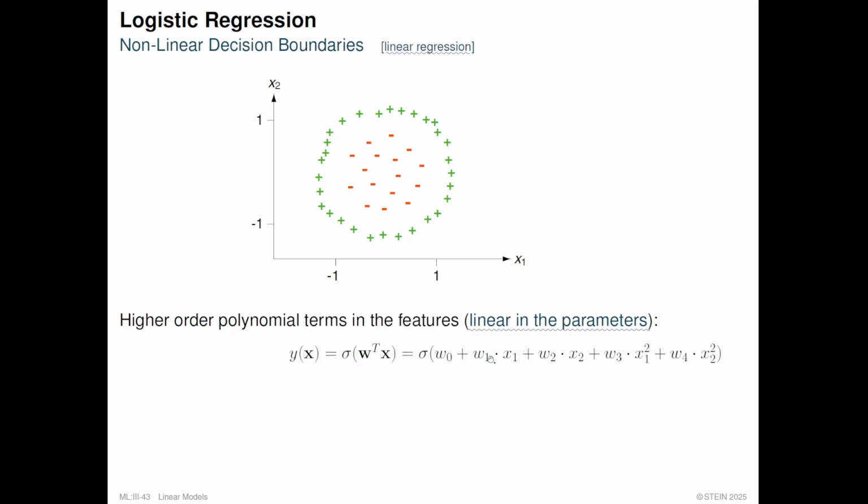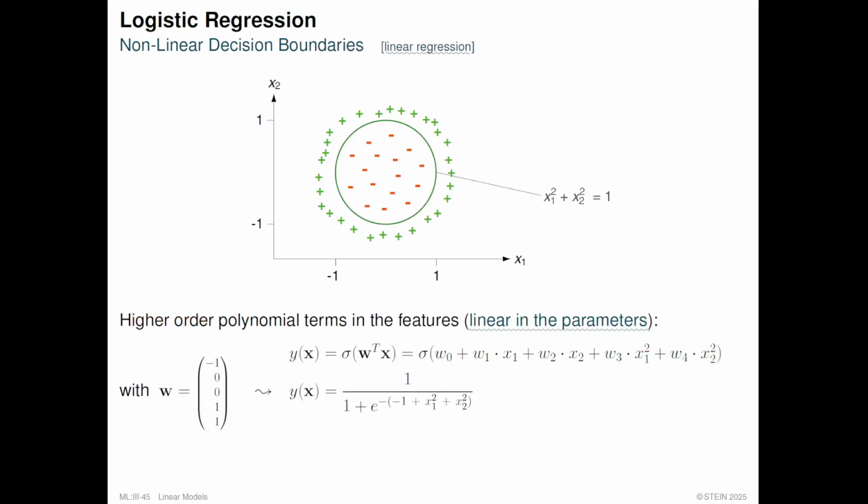So the parameters W are again just multiplied W transpose X style onto these X values, but the X values themselves are modified into a form 1, X1, X2, X1 squared, X2 squared, and so on. And so the higher order we get, the more complex functions we can fit. You know such a representation from the circle equation, which also uses these second order terms.